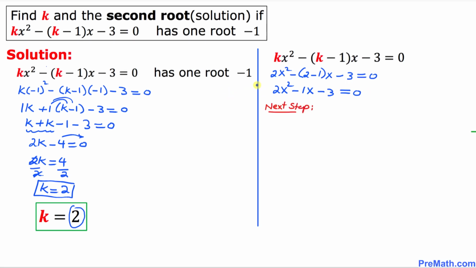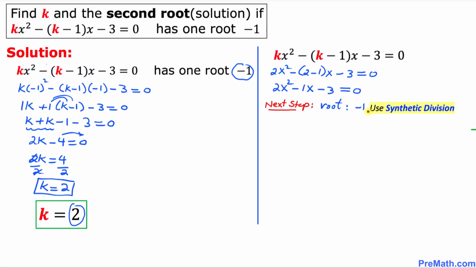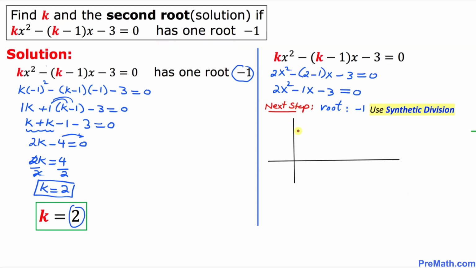And now in our next step, we know that one of our roots is -1. So we are going to use synthetic division. And synthetic division is really simple to deal with. Now let me show you how we can perform the synthetic division.